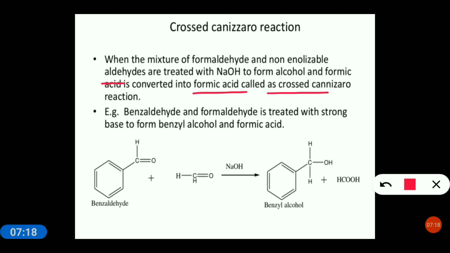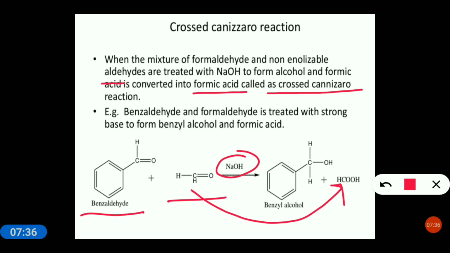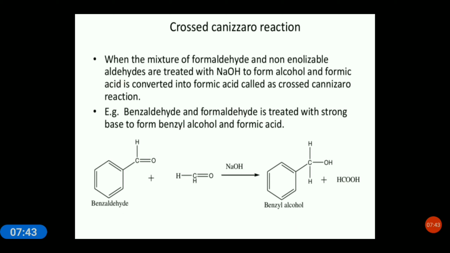This is called crossed Cannizzaro reaction. You can see benzaldehyde and formaldehyde both in the presence of strong base. As I told you, this is the reaction in which self oxidation and reduction take place. So what will happen? The formaldehyde is oxidized to formic acid and the aldehyde is reduced to alcohol.